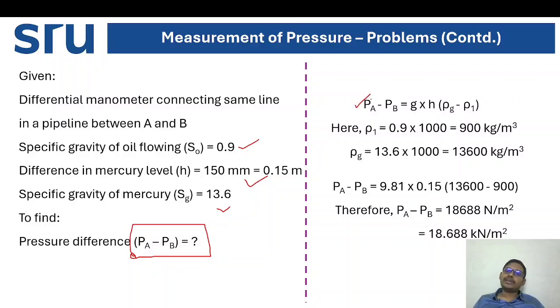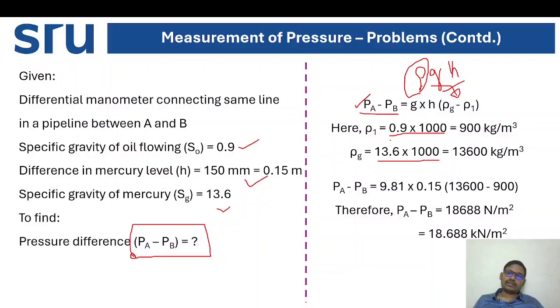Pa minus Pb equal to g into h into rho g minus rho 1. Already we know this thing, rho g h, right? So rho g is constant, gh is constant. Only rho we have rewritten as rho g minus rho 1. Rho 1 is nothing but 0.9 into 1000. Rho g is nothing but 13.6 into 1000.